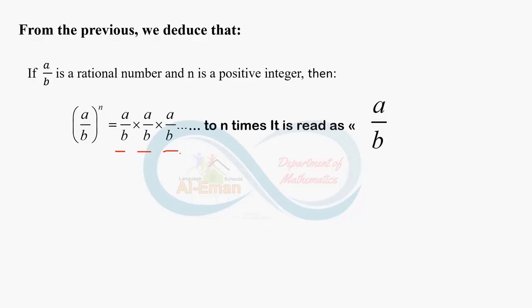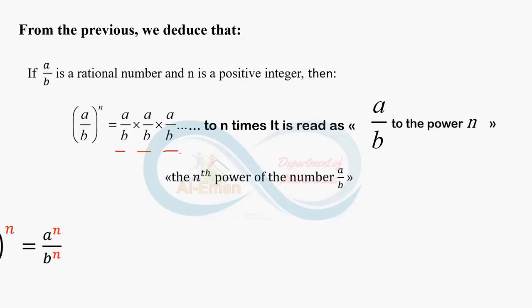It reads as a over b to the power n. We can distribute the power over the numerator and the denominator like this: a to the power n over b to the power n.